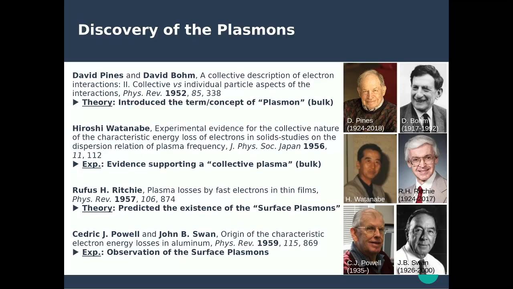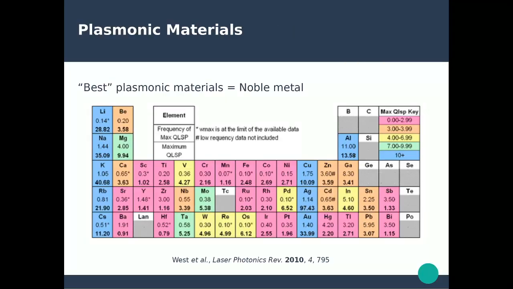So let's focus for a second now on what the plasmonic materials are. The best plasmonic materials, the ones that are very standard, often used for applications, but also for fundamental research purposes, are typically noble metals such as copper, silver, and gold, but also aluminum. Aluminum has been shown to be a great plasmonic material in the mid 2010s.